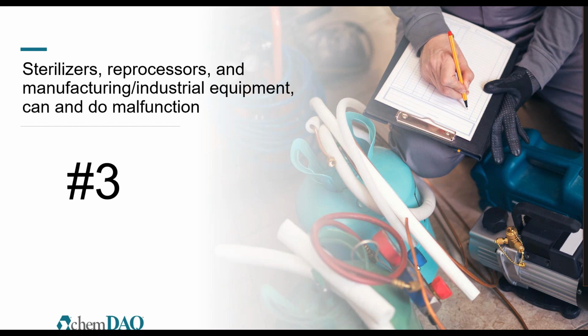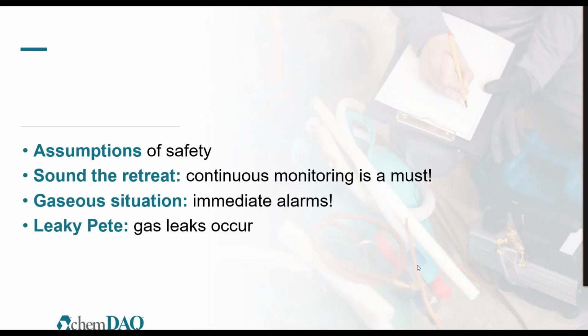There's a lot of assumptions out there of safety. Hey, this big company made this product and they send us an SDS and they say that it can't leak and it doesn't have issues. So people just tend to go with that and never realize that things happen.